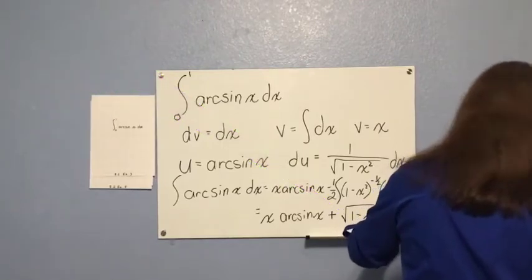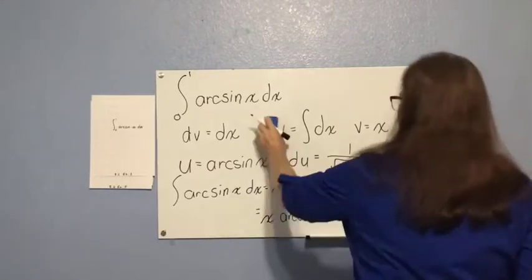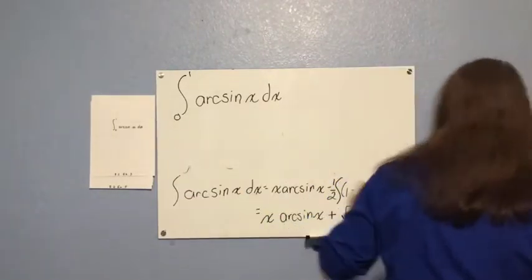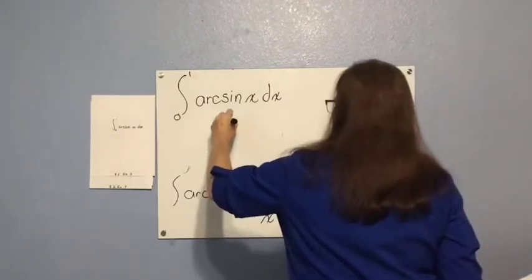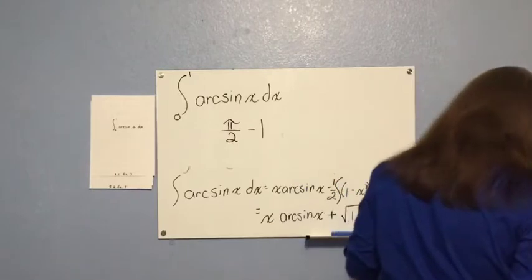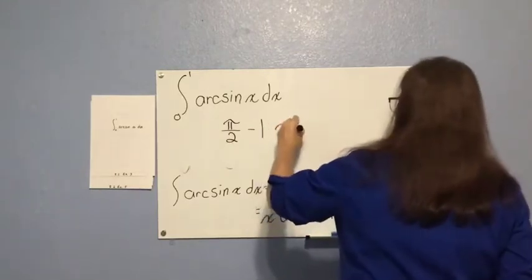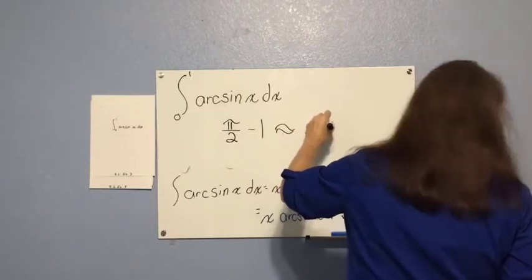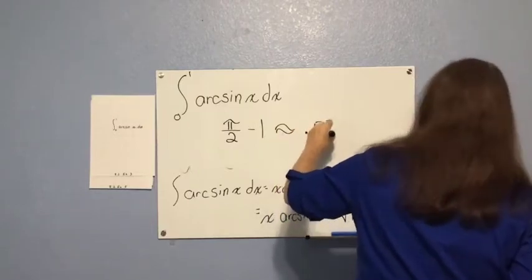And we're going to evaluate from 0 to 1. And when we substitute in, we end up with pi over 2 minus 1, which is approximately equal to 0.571.